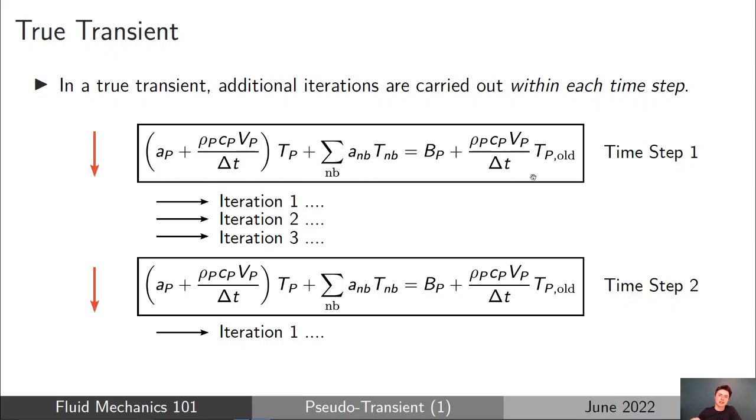So we calculate additional iterations of the equation within the time step without incrementing to the next time step. And then, of course, when that equation is converged, we then move to the next time step, and then we iterate the equation again within the time step. And that's the key conceptual difference between a true transient and a pseudo-transient if both cases were to use a first order backward Euler approach.